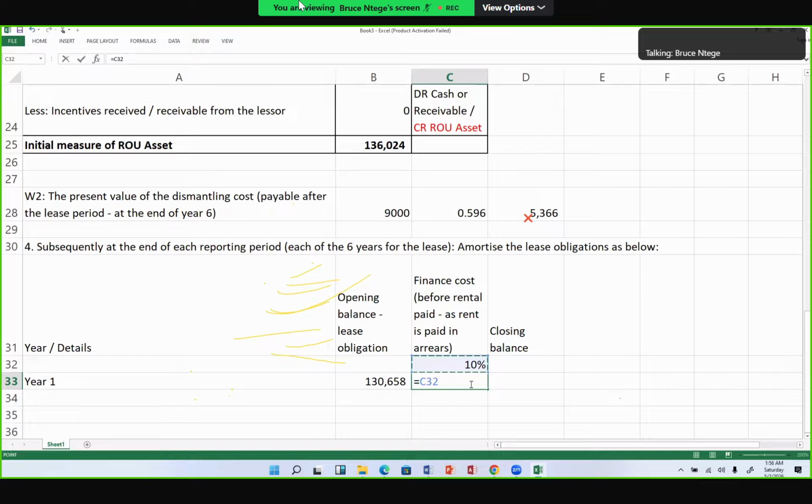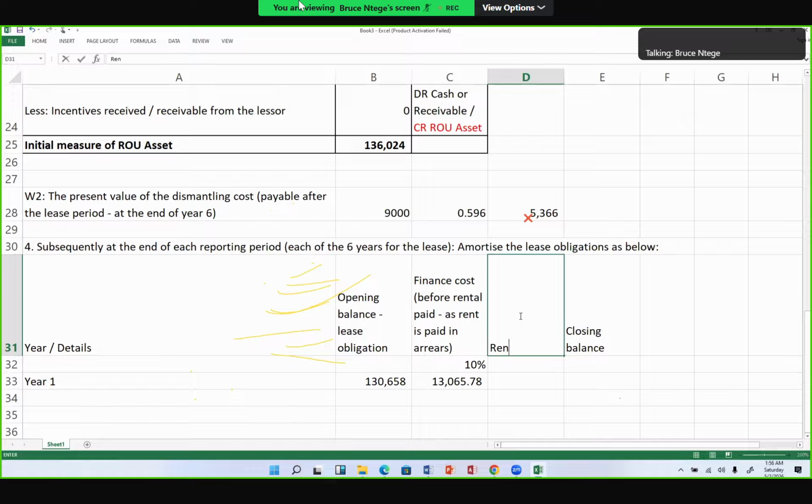Before I take off the rent, since I'm paying in arrears, I compute the finance cost based on the lease obligation balance before taking out the rent paid. Where did my lease rent go? I lost it somewhere. Okay, it was there.